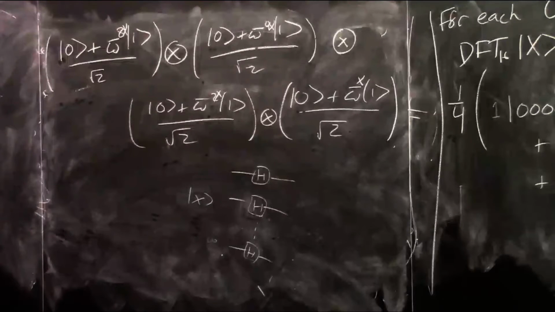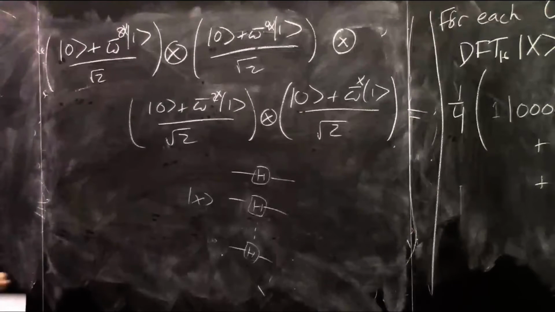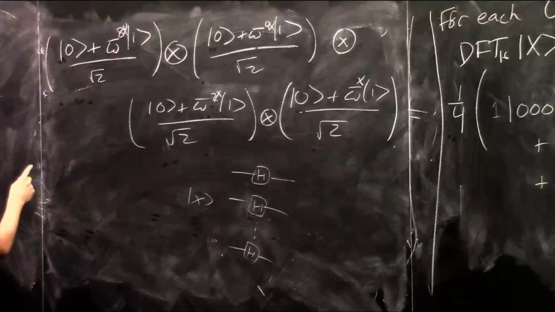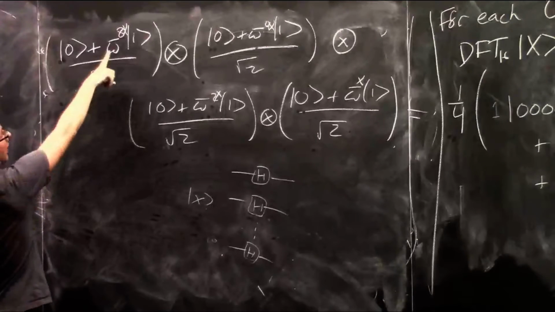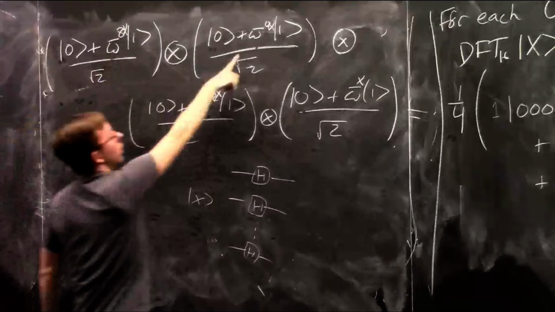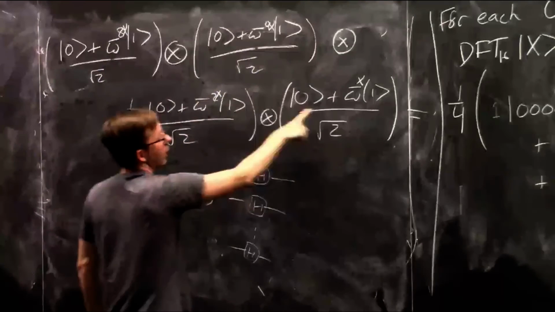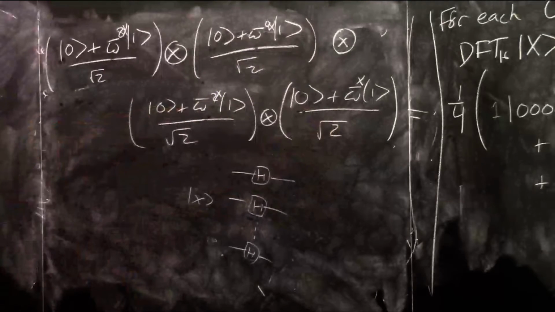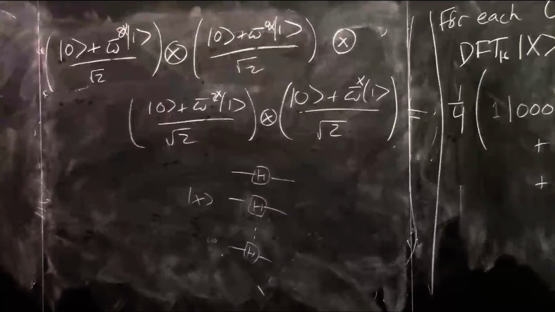Think about it. But this formula really is similar to the Boolean Fourier transform, where basically in the Boolean Fourier transform, this was just -1 to the x0, -1 to the x1, -1 to the x2, -1 to the x3. It was unentangled pluses and minuses.